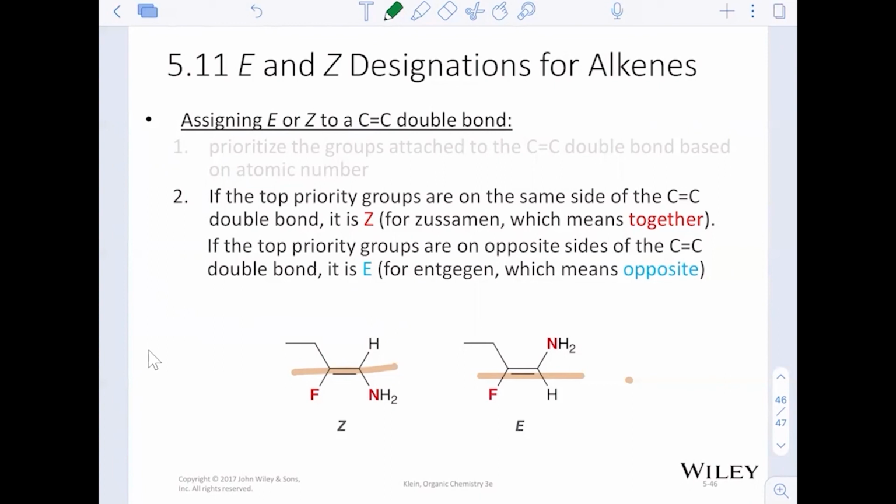If I ask you about the compounds and you say, they are on the same side, Z is German accent where, yeah, okay, cool. Moving on. E is just opposite side. If you remember Z, same side, then you'll remember Z is for together. And so we look at this first one where F and N are on the same side of that double bond. There is the Z. And where F and N are on opposite sides of that double bond, that's E.